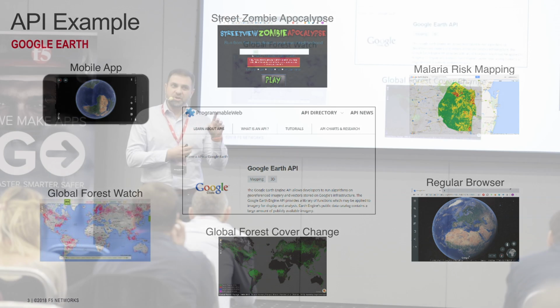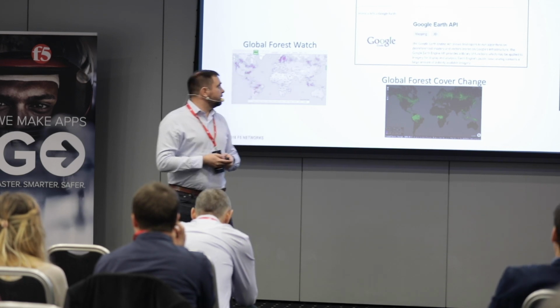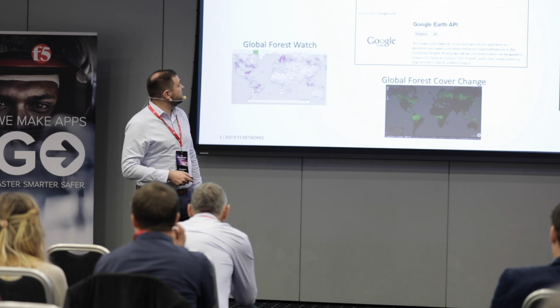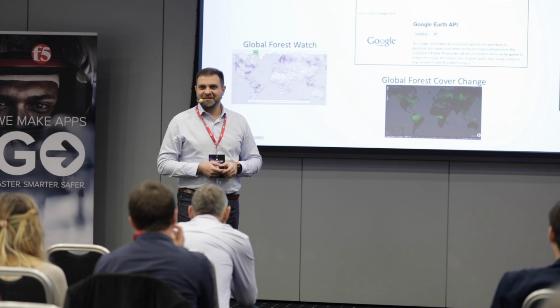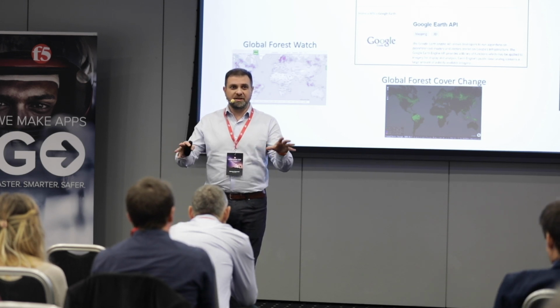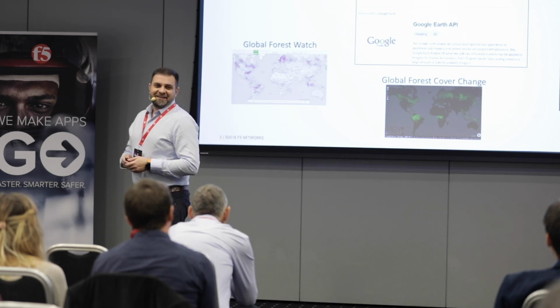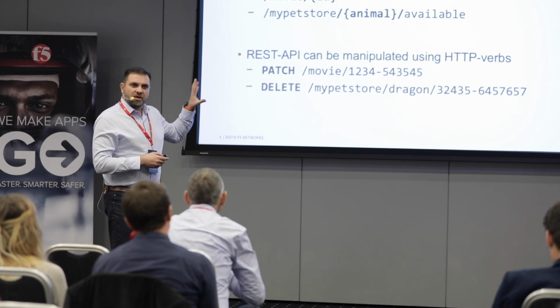This is really unique, and very important, and it will have further consequences in the future. By the way, there is a nice application, Street Zombie Apocalypse. Maybe you heard about it. If you would like to see how your neighborhood will look during a zombie attack, go visit this application. Cool. So this was an example of an API call.